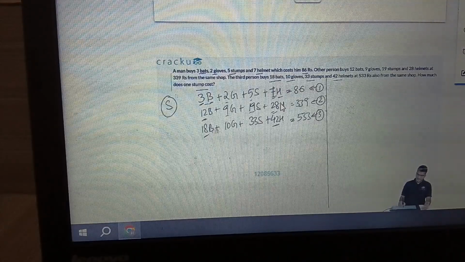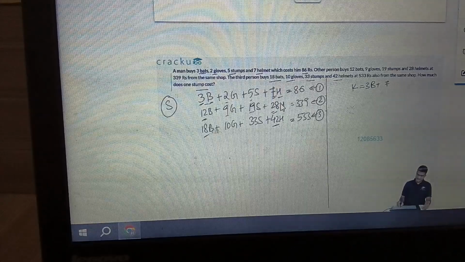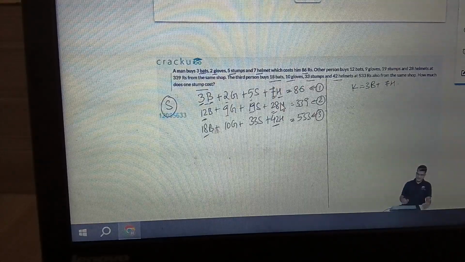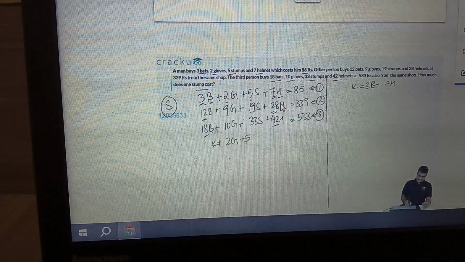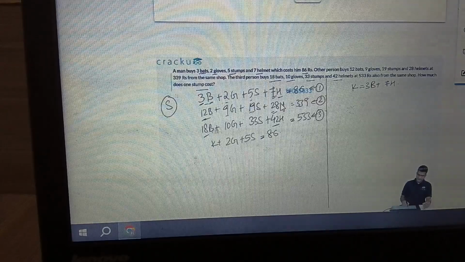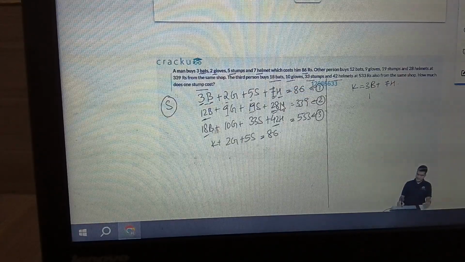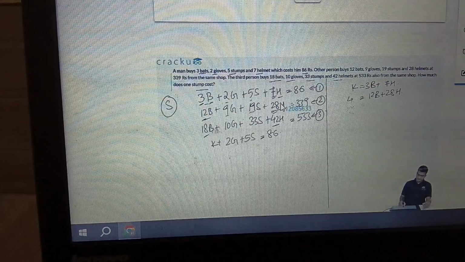So if you assume that there is a new variable k, which is equal to 3b plus 7h, the first equation will be k plus 2g plus 5s is equal to 86. In the second equation, you have 12b plus 28h, which will equal 4k.